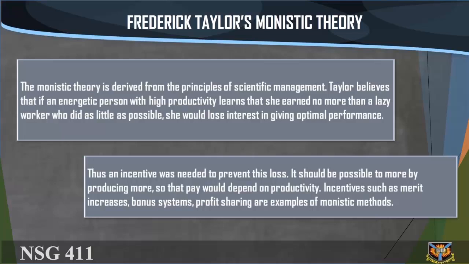Thus, an incentive was needed to prevent this loss. It should be possible to earn more by producing more so that pay would depend on productivity. Incentives such as merit increases, bonus systems, and profit sharing are examples of monistic methods.